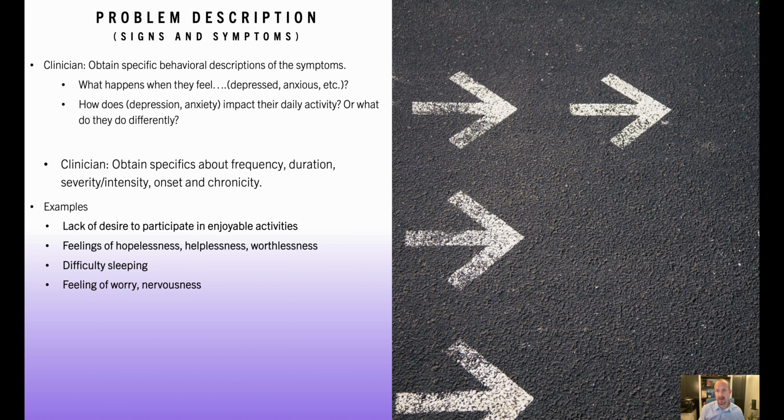This could also be lack of appetite, increased appetite, decreased appetite. It could be lack of energy. It could be even thoughts of suicide. All of those descriptions are things that you need to gather as part of the problem description.